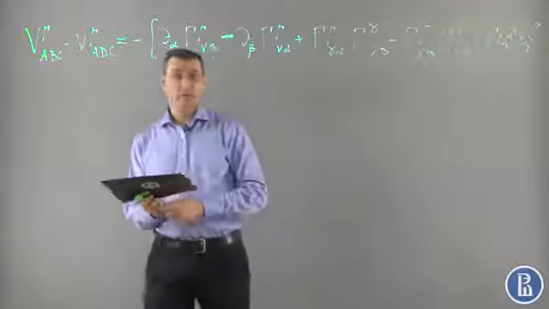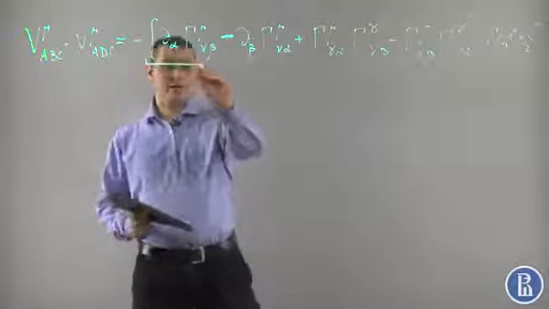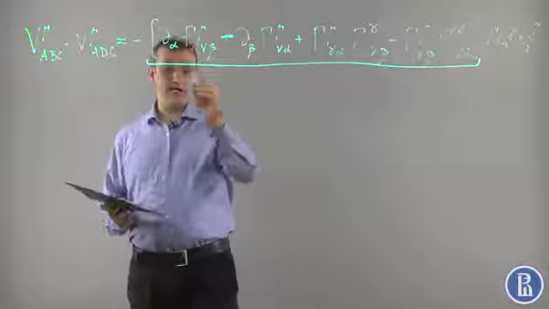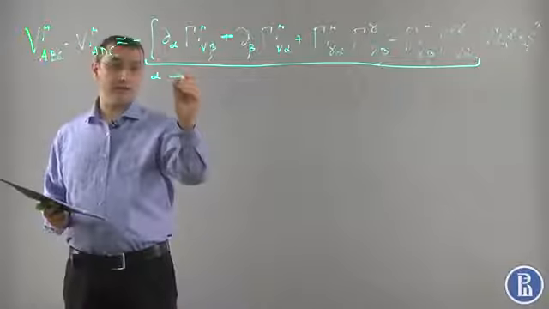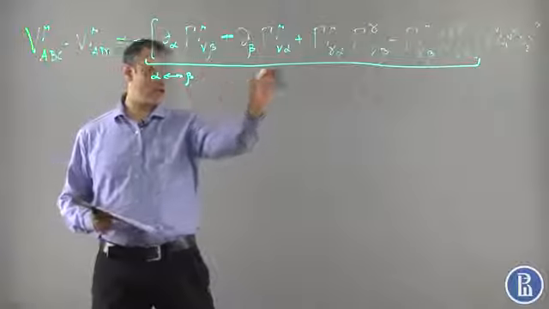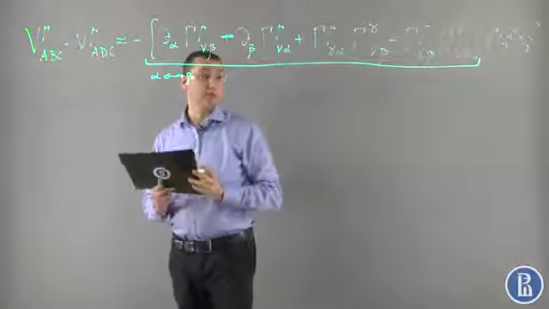Now, we want to express this quantity in a bit different way. Let us notice that this quantity is antisymmetric on the exchange of α and β indices, so it changes its sign under the change of α and β indices.